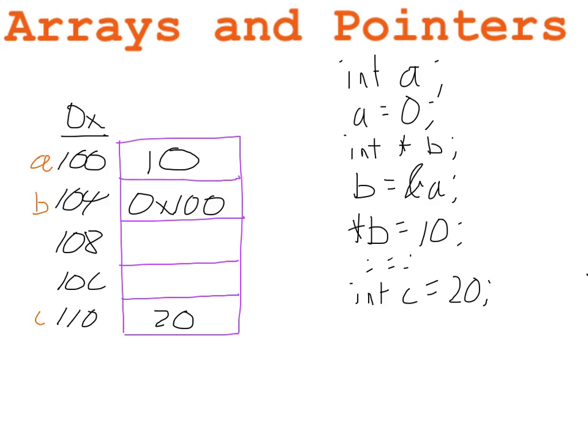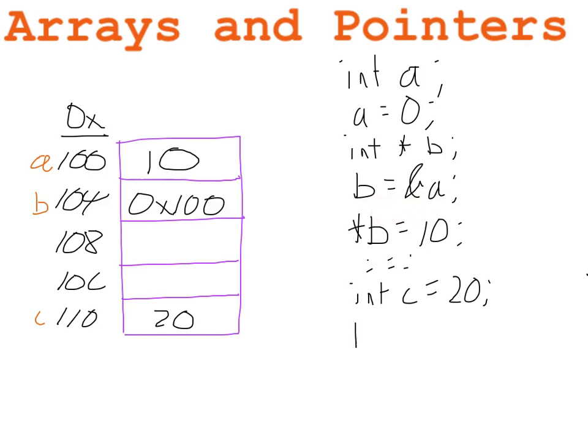So if we wanted to get the value that our pointer b is pointing to, it would take us from address 100 up to here, which is a, and then we'd get the value 10. We first need to redirect our pointer to point to c, and we can do that in a very similar way as when we initialized our pointer to the address of a.